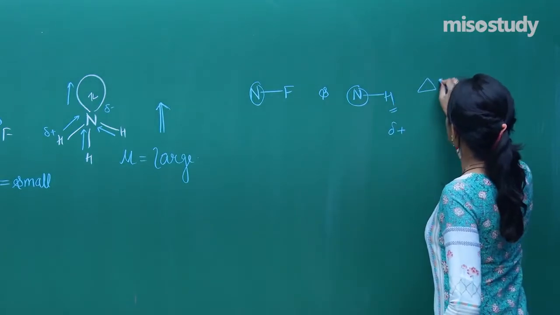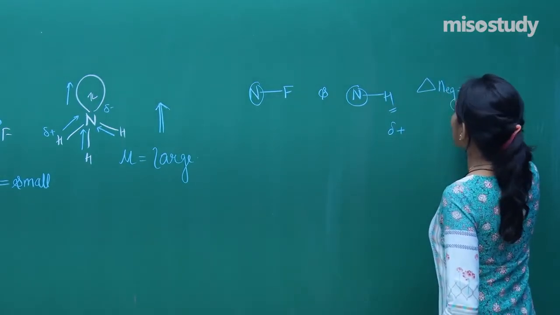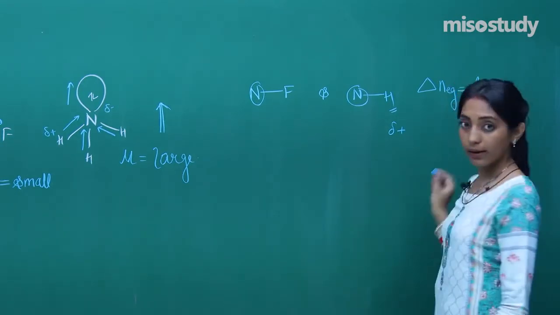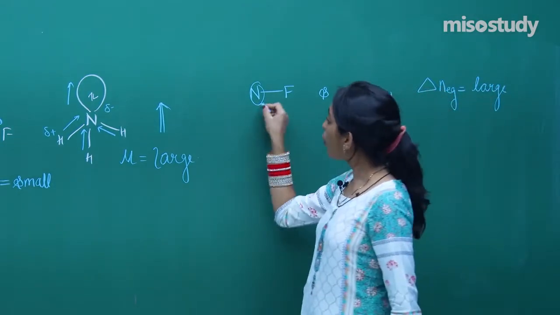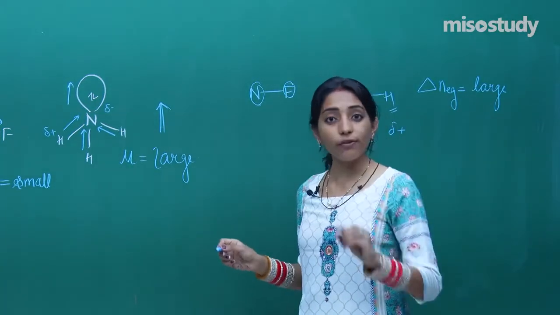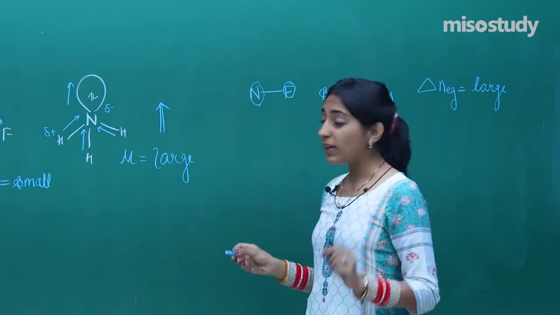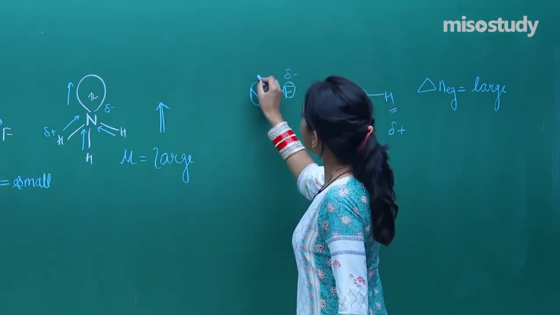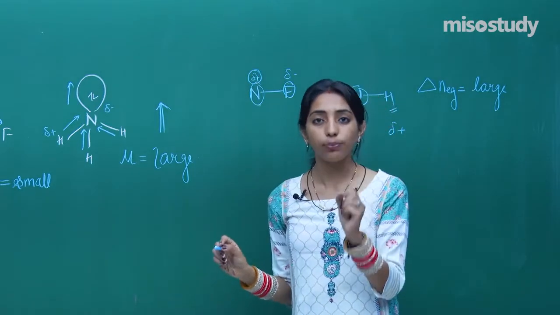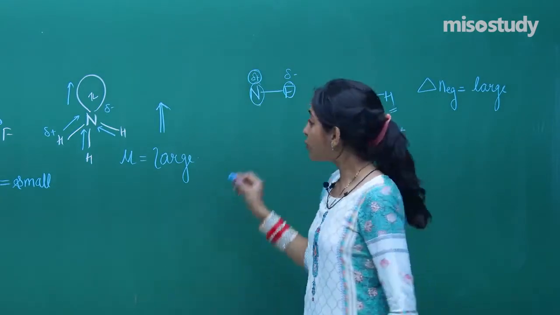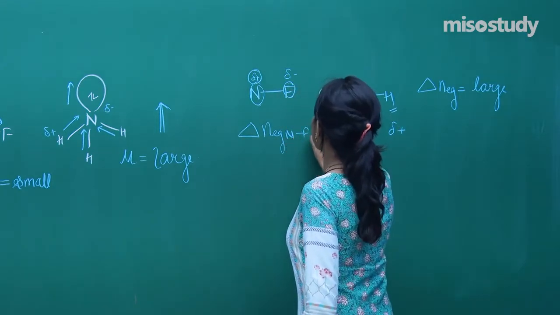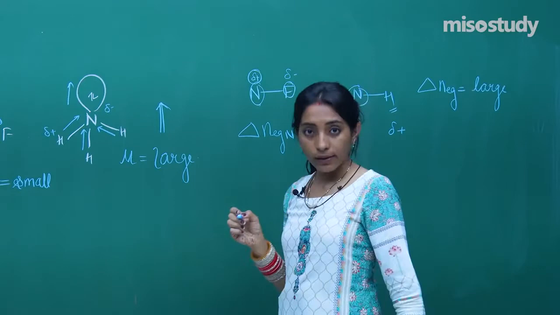So the electronegativity difference between NH bond is a large value, right. Whereas both nitrogen and fluorine are electronegative and there is very small difference in electronegativity. That means when I will say fluorine is delta negative, then nitrogen will have a delta positive, but that will be a very small value, okay. So the difference in electronegativity between NF bond is less, fine.